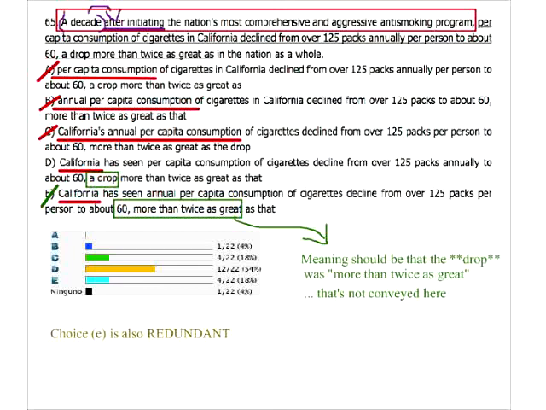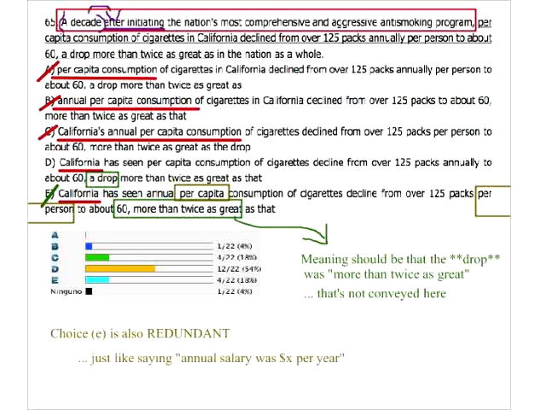But what's redundant is when you have two expressions that are saying exactly the same thing, and that's what per capita and per person are doing, because per capita means per person. It's just like saying the annual salary was X amount of dollars per year.